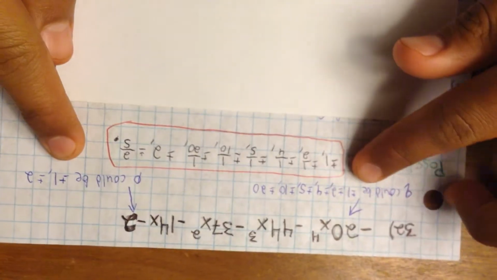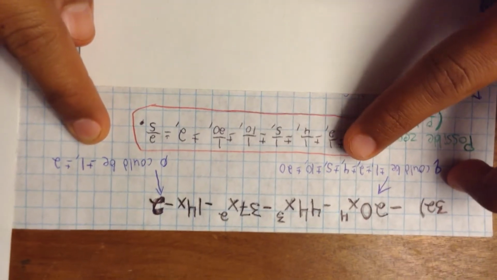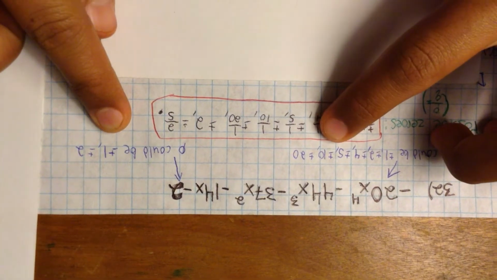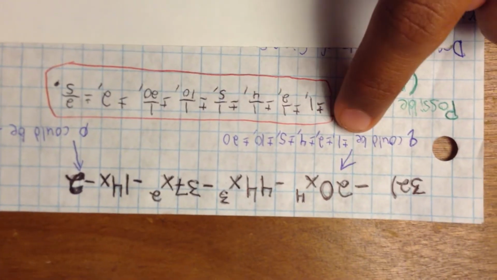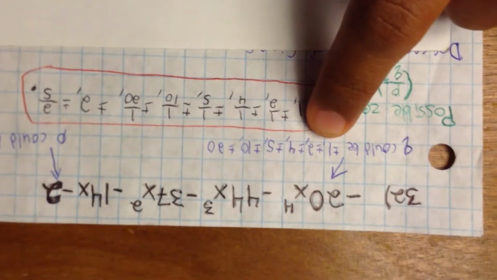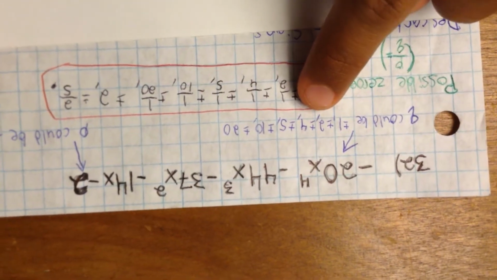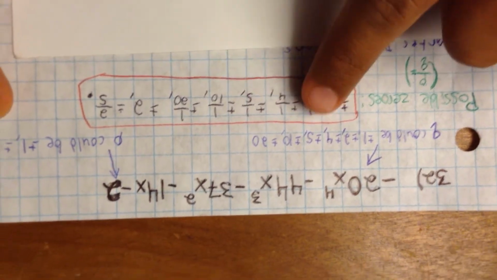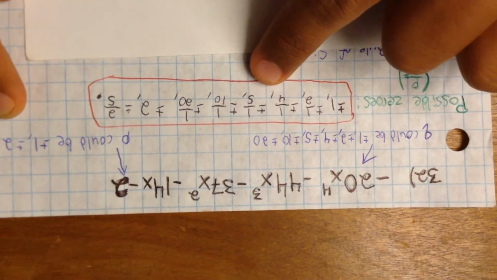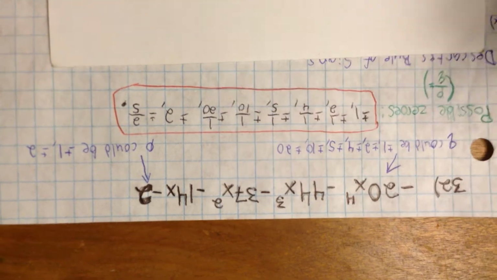So it would be 1 over 1, 1 over 2, 1 over 4, 1 over 5, 1 over 10, 1 over 20, as you can see here. And then you have 2 over 2, which would be 1, 2 over 4, which would be 1/2, 2 over 5, 2/5, 2 over 10, which is 1/5, and 2 over 20, which is 1/10.